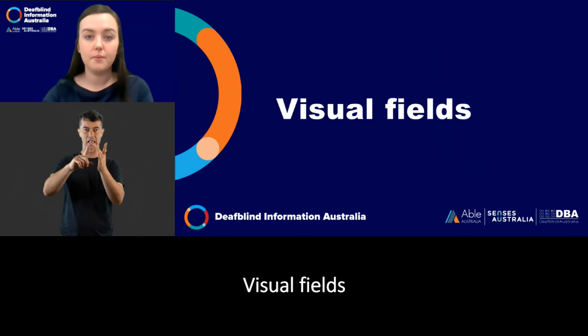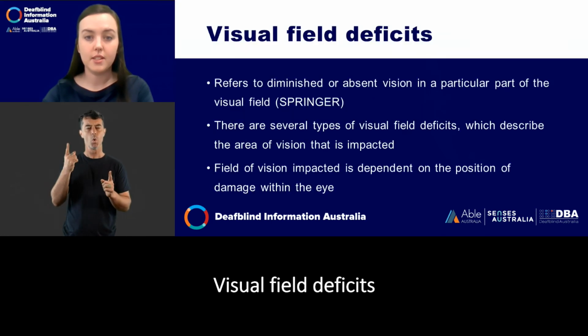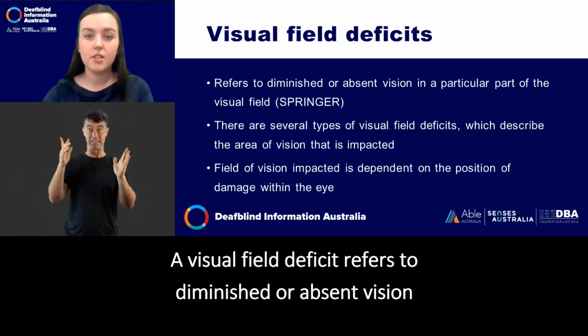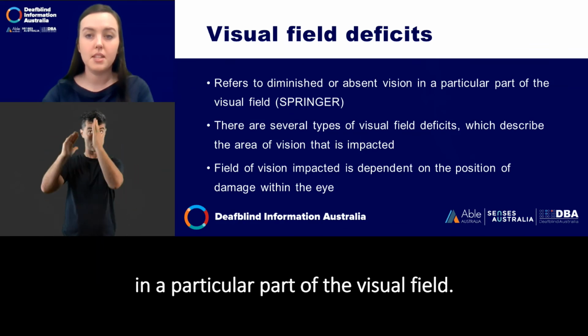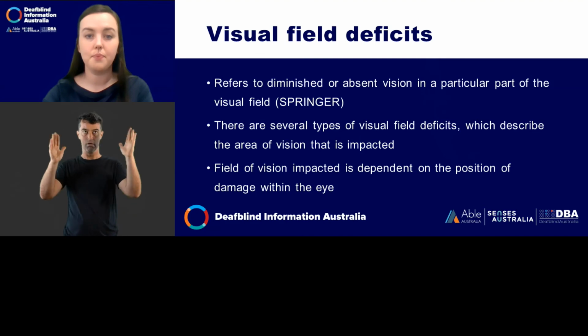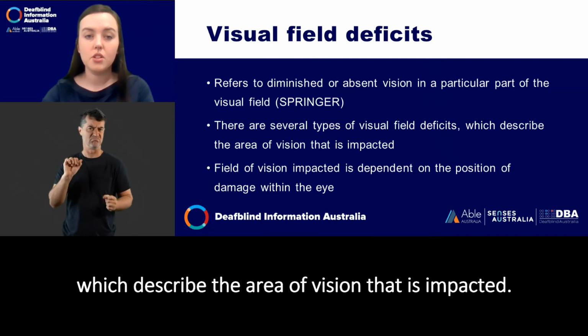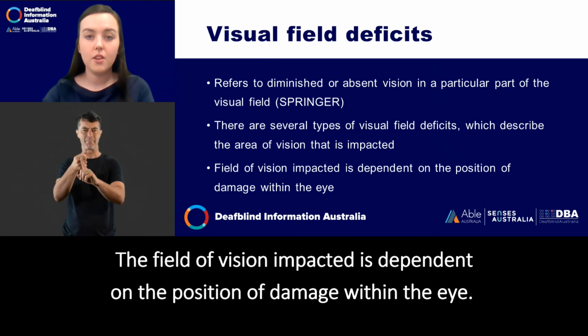Visual fields. Visual field deficits. A visual field deficit refers to diminished or absent vision in a particular part of the visual field. There are several types of visual field deficits, which describe the area of vision that is impacted. The field of vision impacted is dependent on the position of damage within the eye.